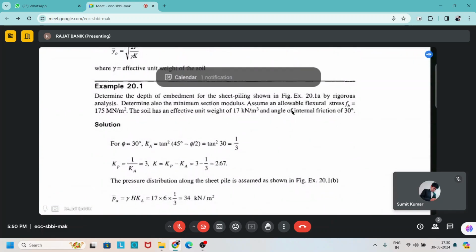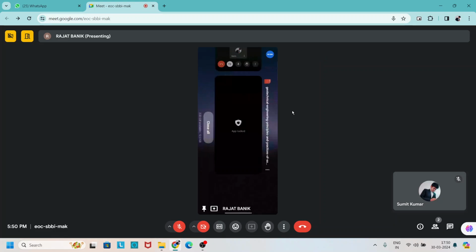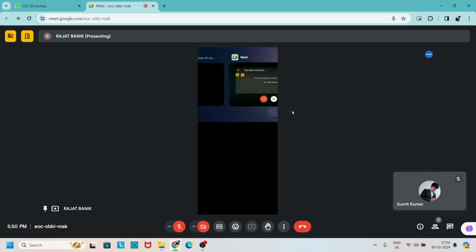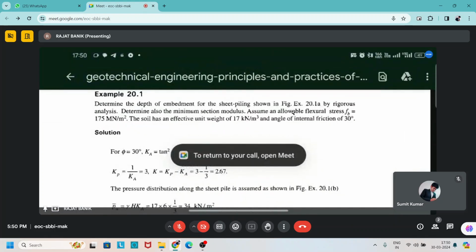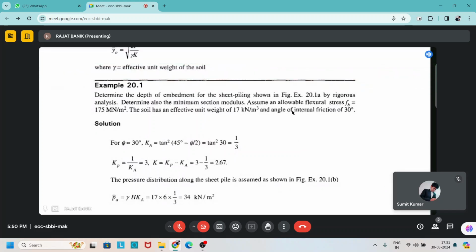The question, example 20.1. Determine the depth of embedment for the sheet pile shown in figure 21A by rigorous analysis.